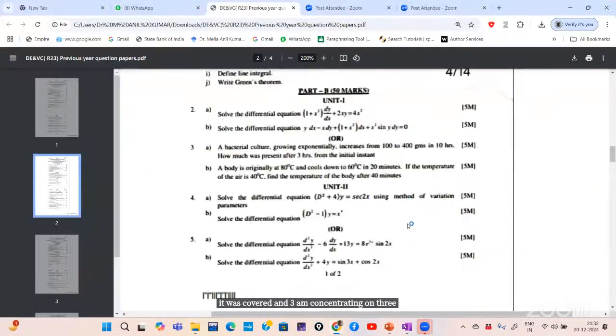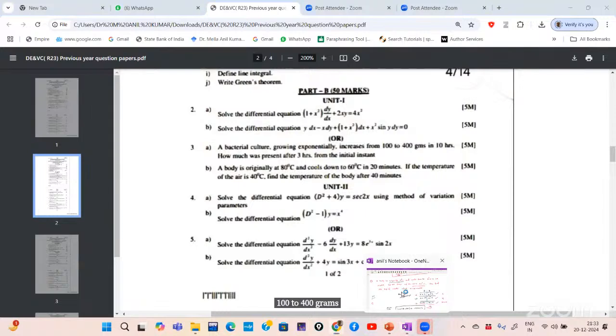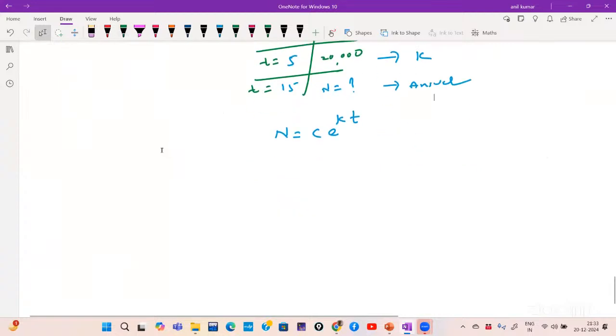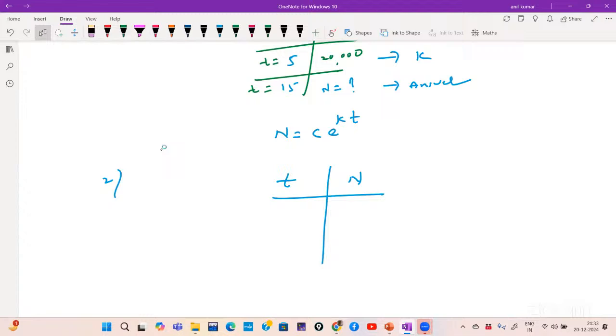A bacterial culture growing exponentially goes from 100 to 400 grams in 10 hours. Same model. Initially 100, after 10 hours 400.